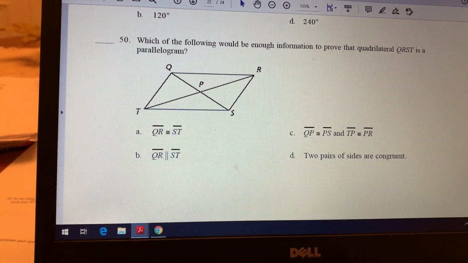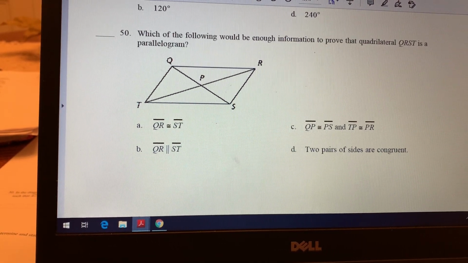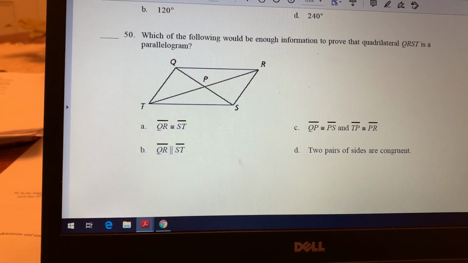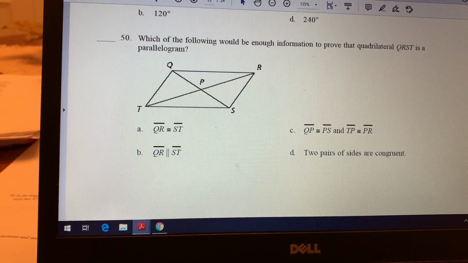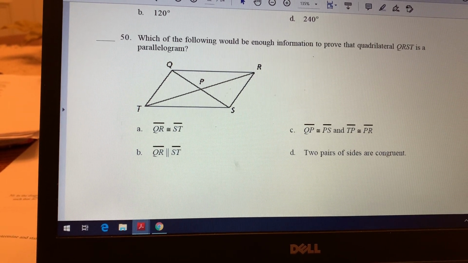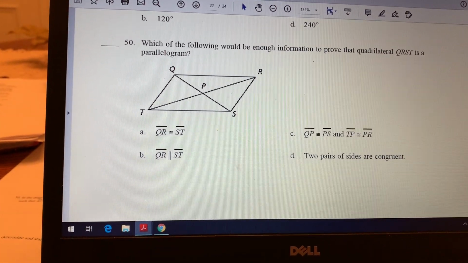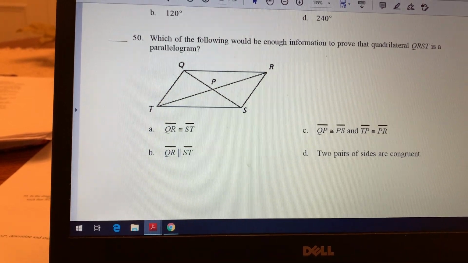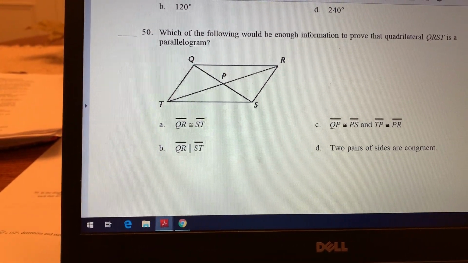A regular trapezoid, the 2 diagonal sides are congruent. They're not parallel, obviously, but they're congruent. Square, rectangle, rhombus, a regular kite. Again, we didn't really learn about kites, but all those have at least one pair of sides that are congruent, so that's not enough. B, QR is parallel to ST.